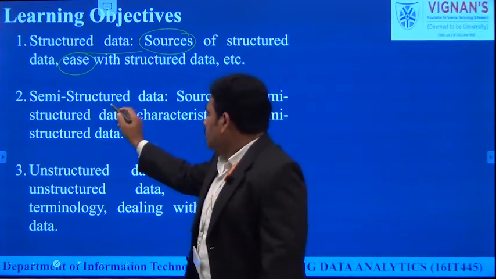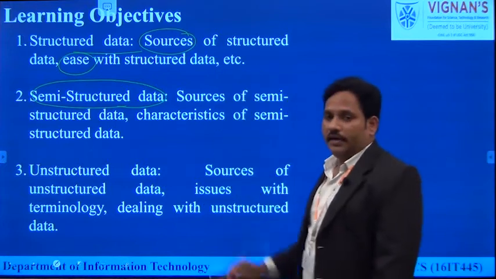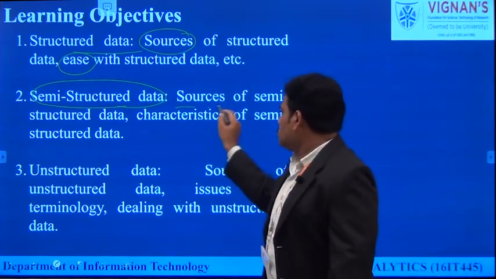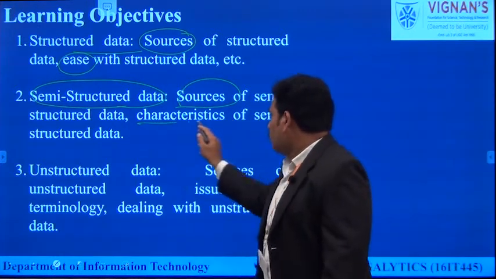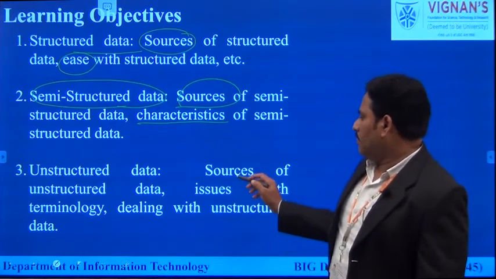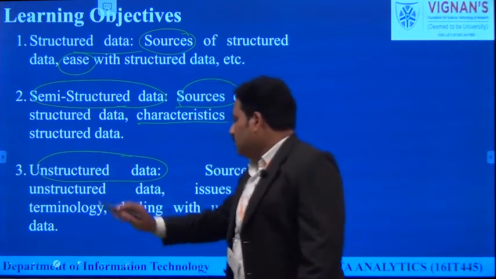Another objective is that we will deal with the different data sources that generate what is called semi-structured data, what the major sources of semi-structured data are, and what the characteristics of semi-structured data are. These will be discussed in detail. And last we are going to see unstructured data.